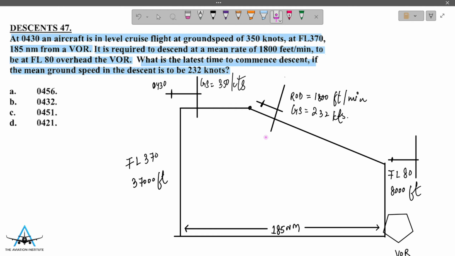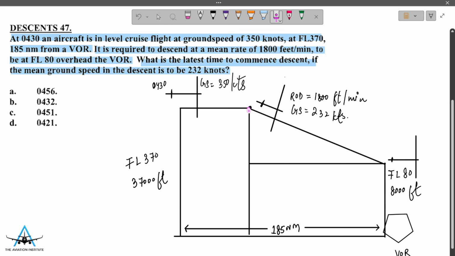If we observe, our aircraft is losing height from 37,000 feet all the way down to 8,000 feet, which means our aircraft has lost almost 29,000 feet.